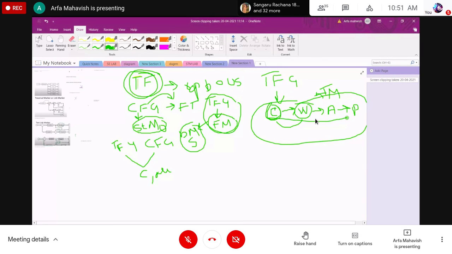So the first stage's output is the input of the next stage, and the second stage's output is the input of the third stage. If you insert the card, then only it is the input of the next stage, right? Only if you enter the card will you go to the next stage.